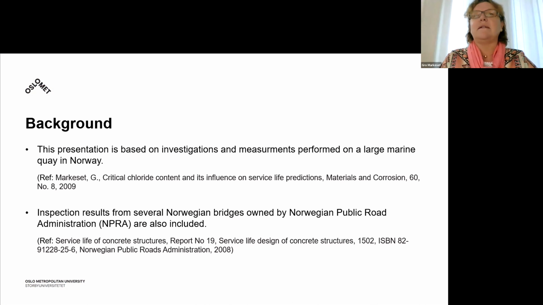And as Carmen said, it is based on investigation and measurements performed on the marine quay structure in Norway. And it is also referred to in the paper listed below.